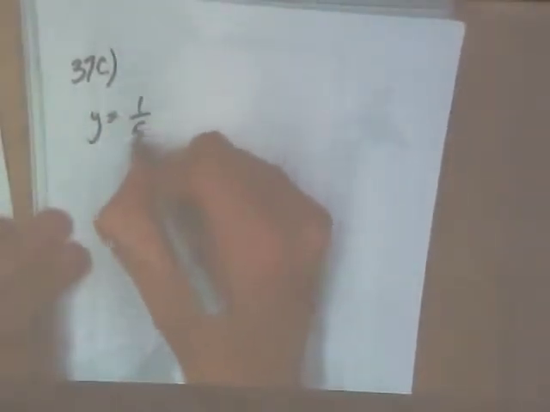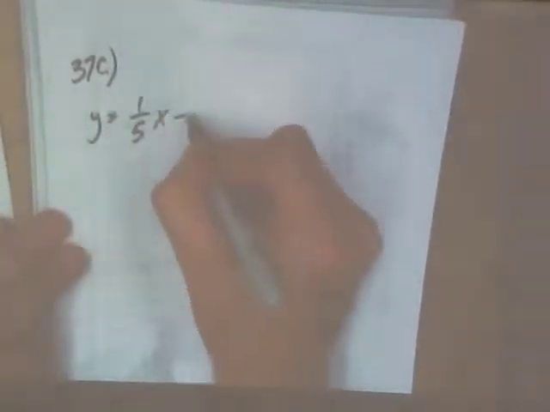Y equals 1/5 x minus 12, and x minus 5y equals 60.